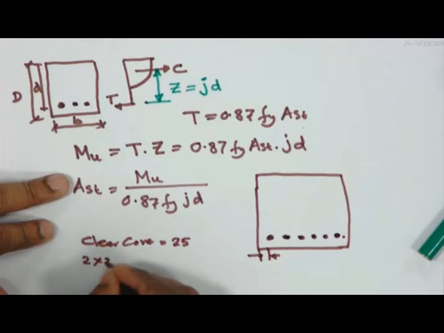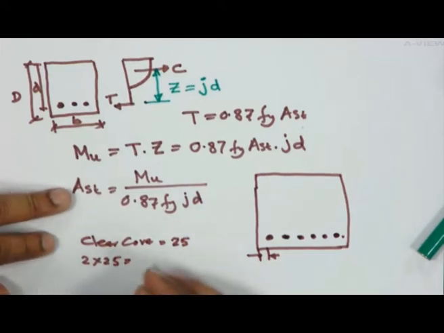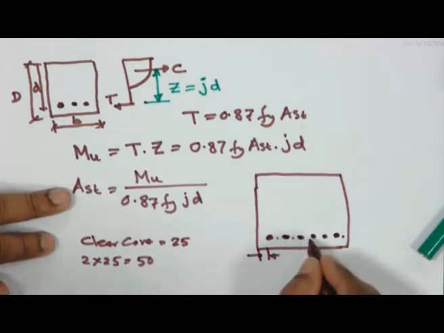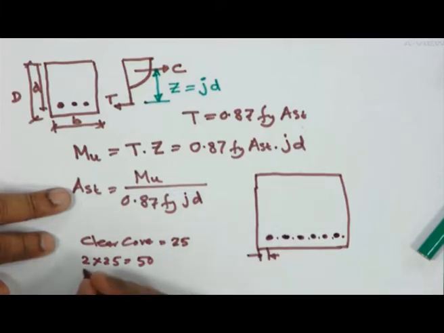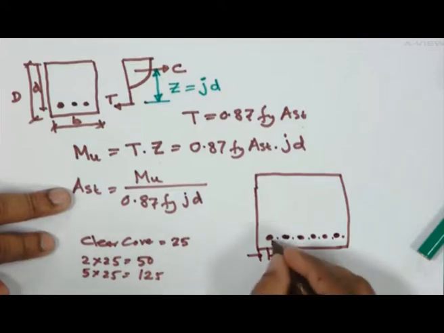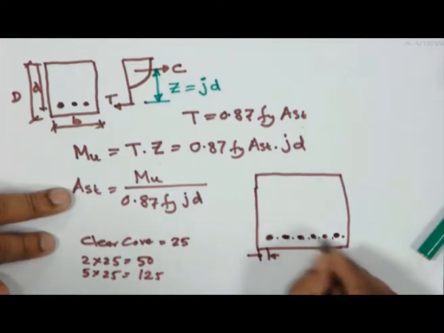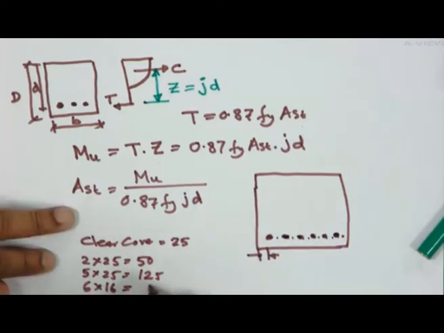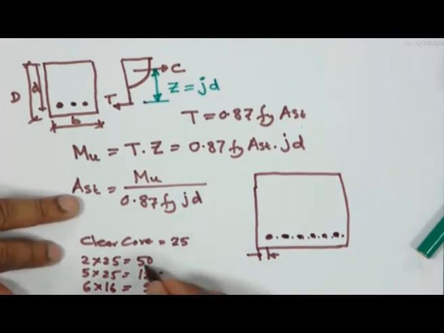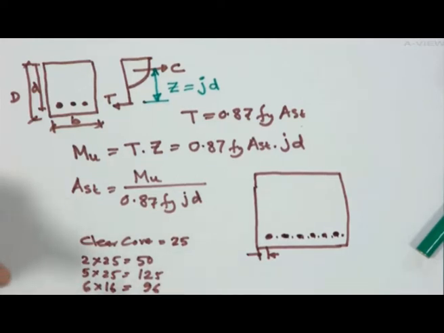So 2 into 25 is equal to 50. Then I have gaps: 1, 2, 3, 4, 5. So 5 into 25 is 125, and I have 6 bars, 6 into 16, so 96. So how much am I getting here? I am getting 271 millimeter.